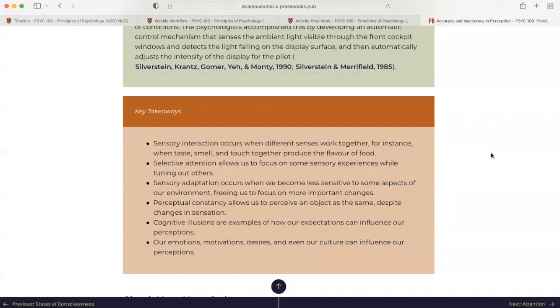Perceptual constancy allows us to perceive an object as the same, despite changes in sensation. Cognitive illusions are examples of how our expectations can influence our perception. Our emotions, motivations, desires, and even our culture can influence our perceptions.